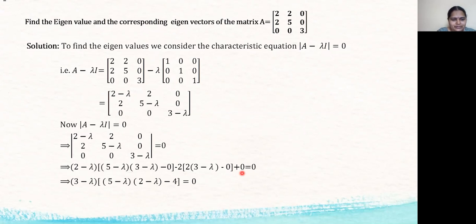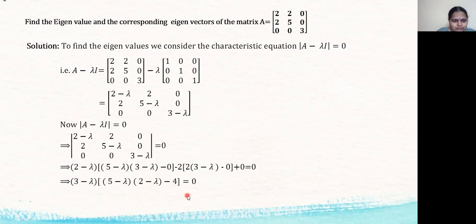Now we simplify this equation. In these two terms, 3 minus lambda is common, so I am taking out 3 minus lambda. The remaining terms will be 5 minus lambda into 2 minus lambda in the first term, and in the second term, after taking out 3 minus lambda, the remaining term is 2 into 2, 4, equal to 0.